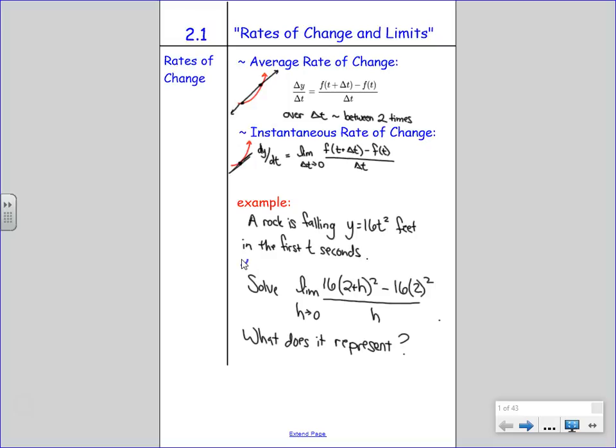Did I write it wrong? I don't know what's going on here. Oh my goodness. I get it. Done. There it is.